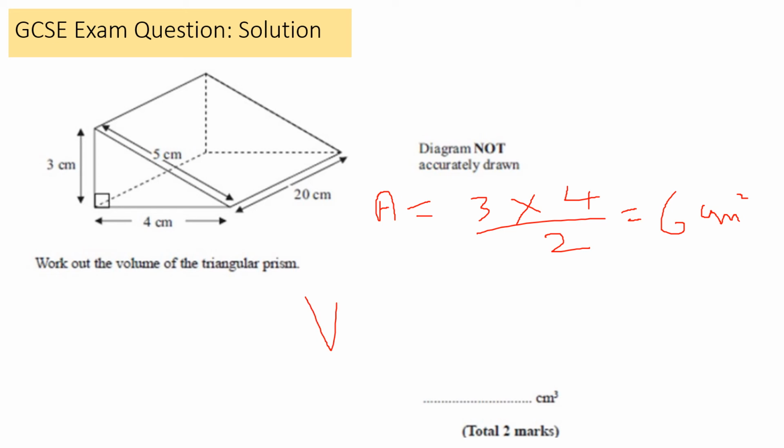Then the volume would be equal to the area of the cross section, 6 cm squared, times by the length of the prism, which is 20 cm, and that gives us 120 cm cubed.